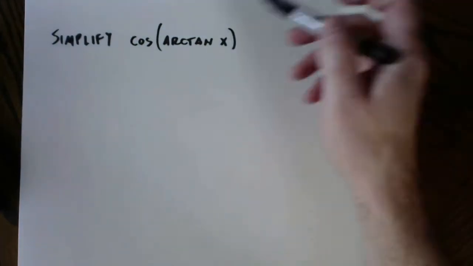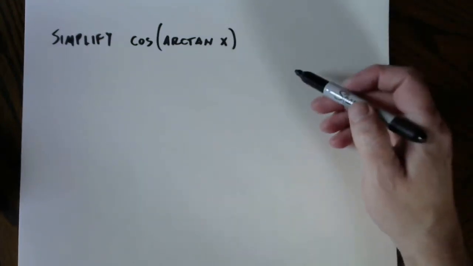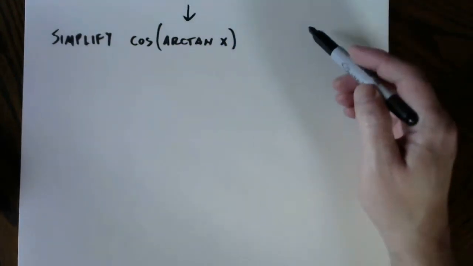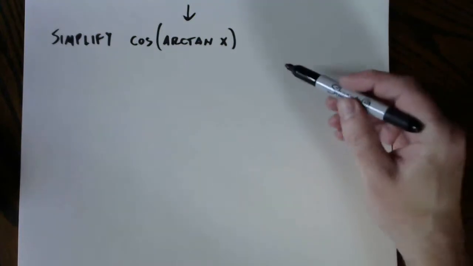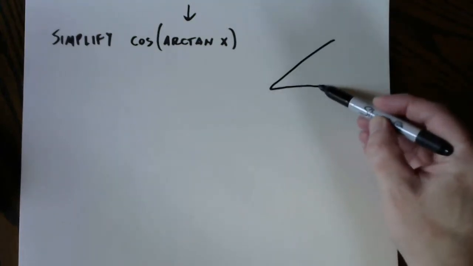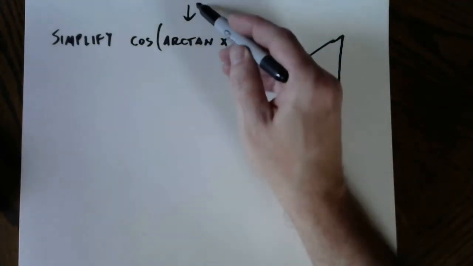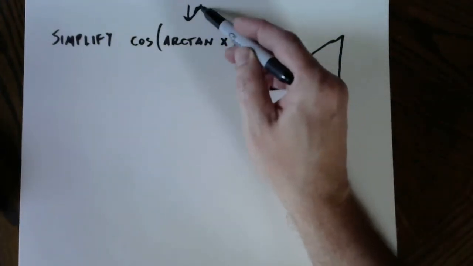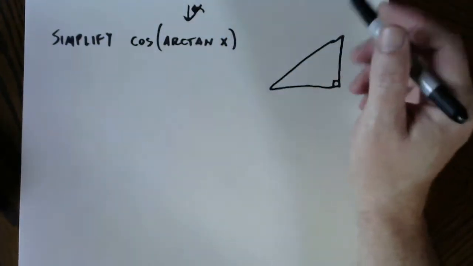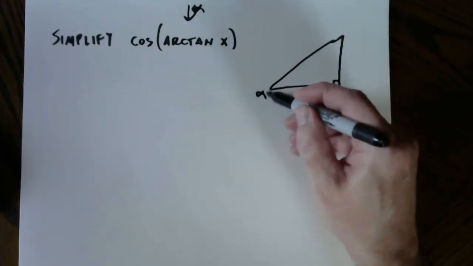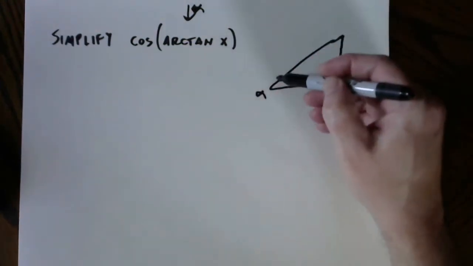So again, I call this the triangle problem. What's in parentheses here is an angle. What angle is it? I have no idea. What do I know about this angle? I'm going to call this angle alpha. You don't have to write this, obviously. If this is alpha, what do I know about this angle?